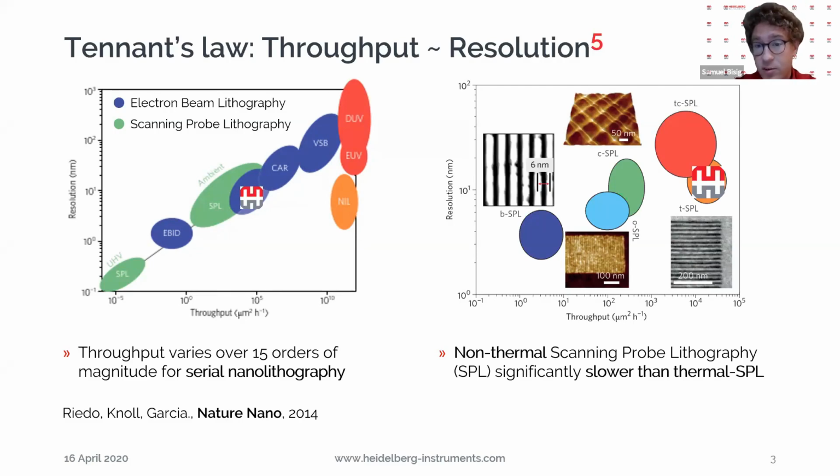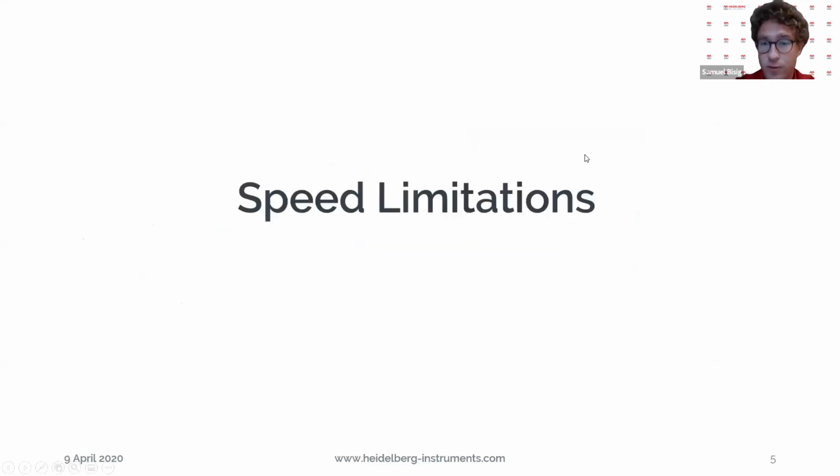What is also to say here is that it's not enough to get the resolution and the throughput, you also need to have a certain depth. In this case, where you might have only an angstrom of indentation, that's maybe a proof for resolution, but you cannot really transfer such a structure into the material you desire. So that's also to keep in mind, that this is not the whole truth here.